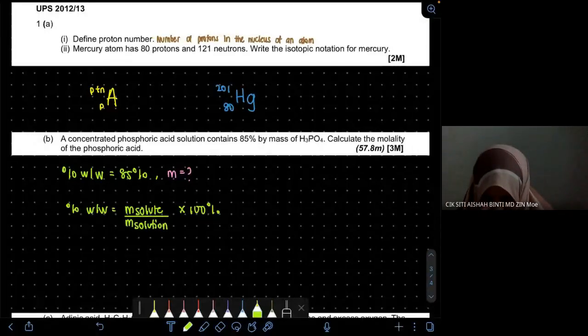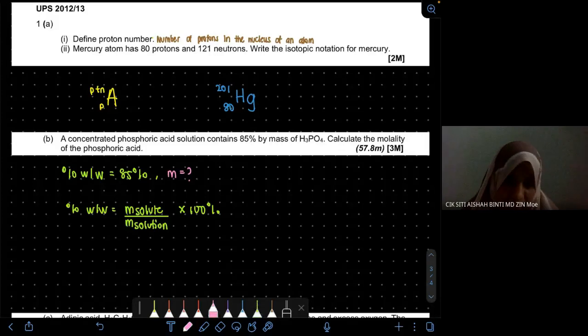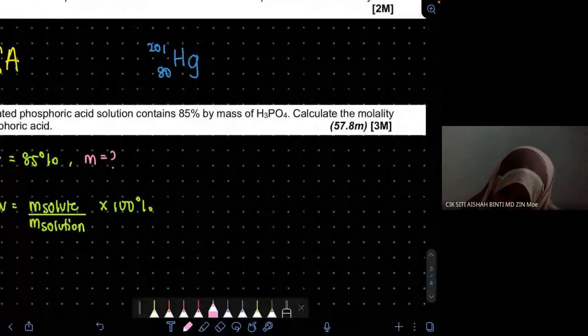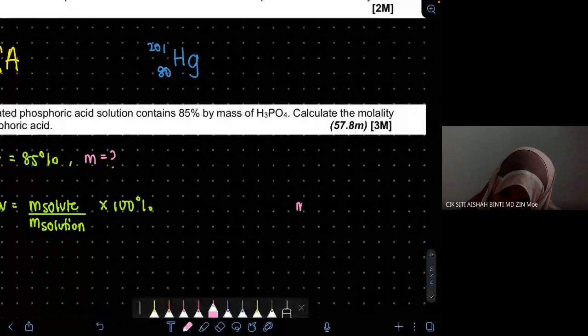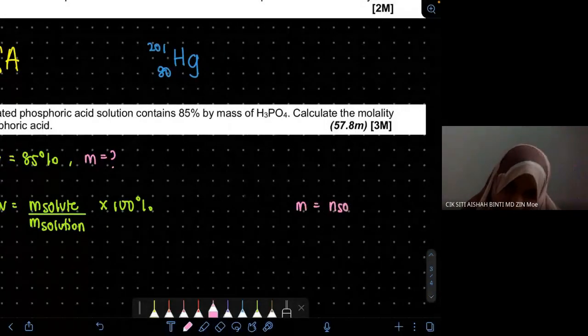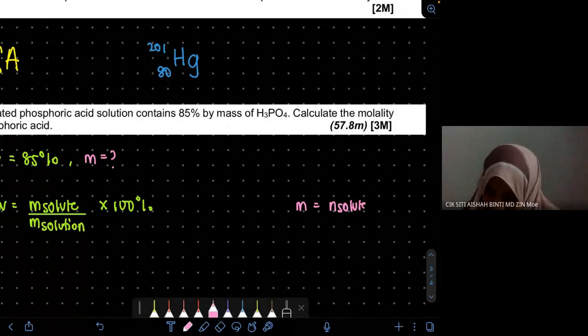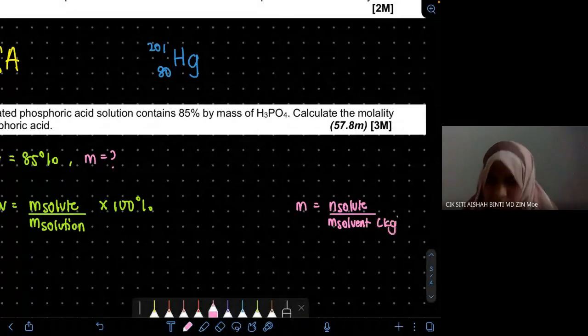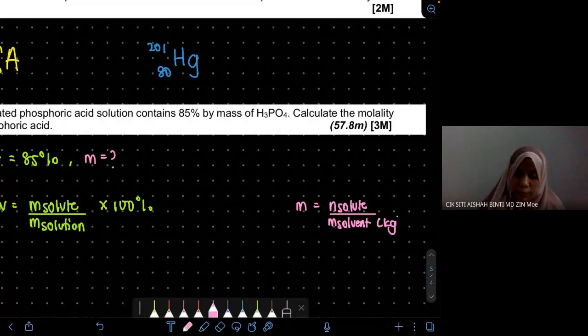Next is to find out our molality. Molality is mole of solute divided by mass of solvent, where the mass of the solvent must be in kilogram.